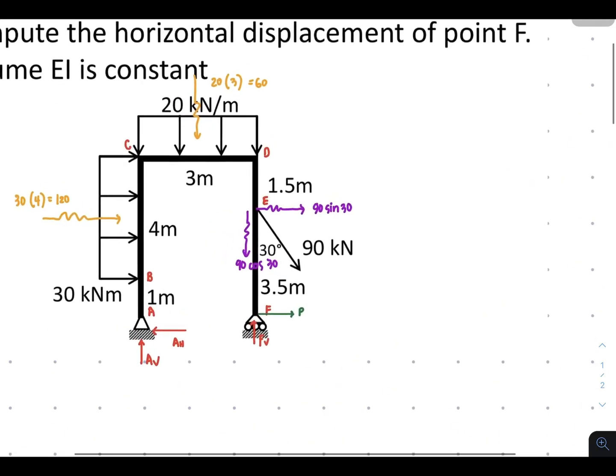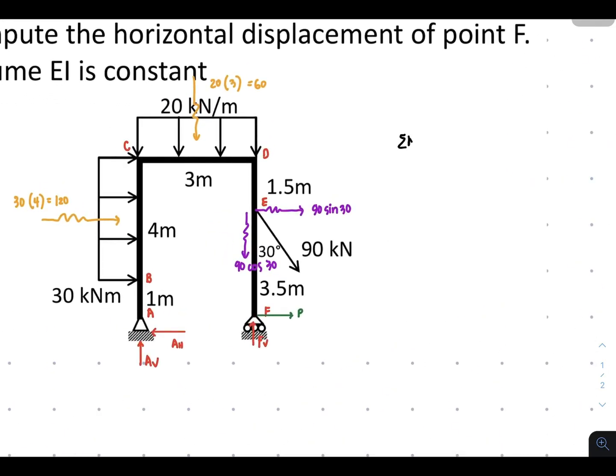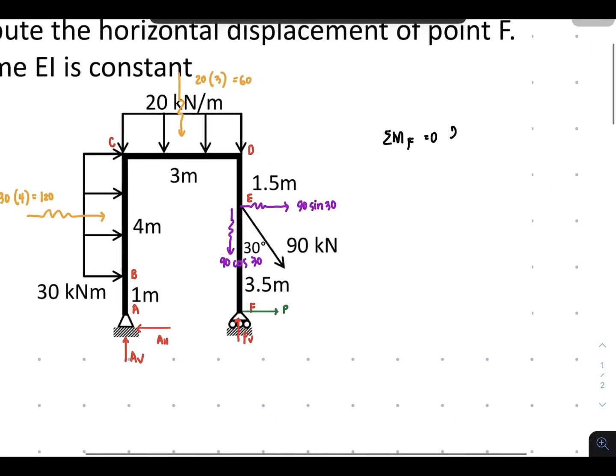Okay, in this case, let's solve for the value of the reactions. Let's have the summation of moment about point F equal to 0. A vertical is the only one that counts, since horizontal A will pass through point F. Clockwise is positive, counterclockwise is negative.